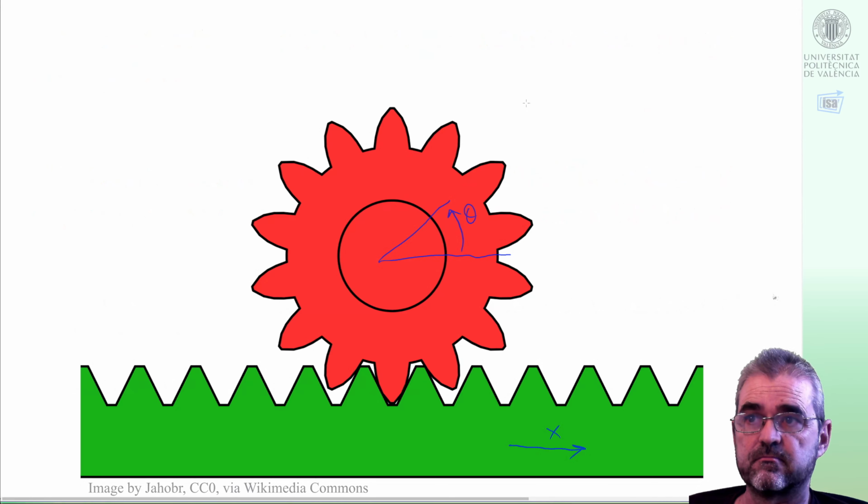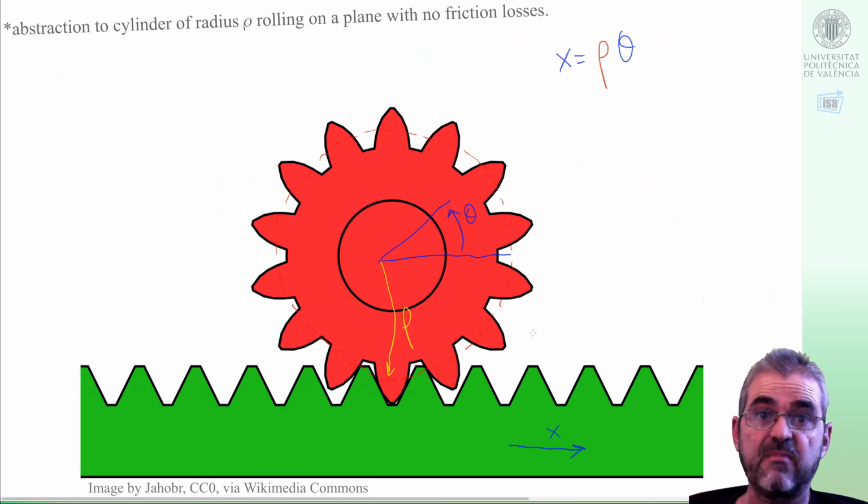Indeed, if I have this pinion gear mechanism abstracted as a cylinder rolling over a plane, then we have that linear displacement x is radius times angular displacement theta. That translates to the same ratio in speeds.